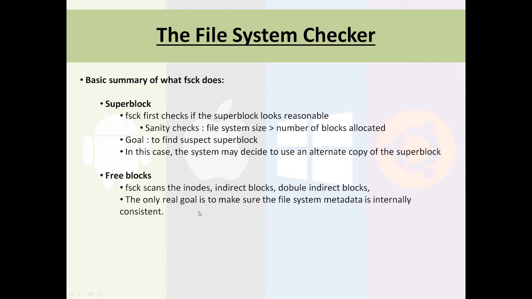So if an inode points to a specific block and the bitmap says that it is unallocated, we're going to trust that the inode is correct and update our bitmap to reflect that. The same type of check is performed for all the inodes, making sure that all the inodes that look like they are in use are marked as such in our inode bitmap.